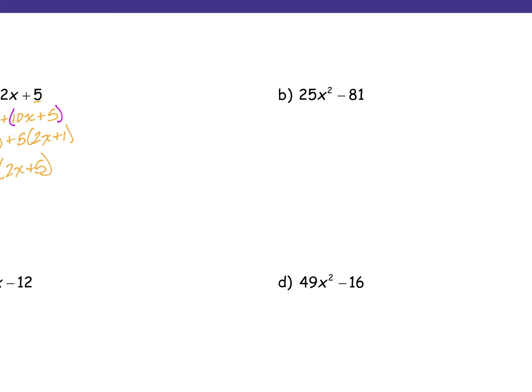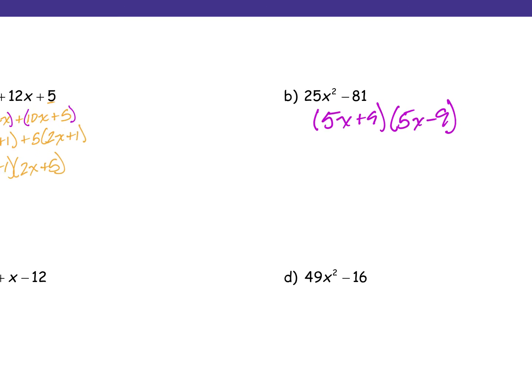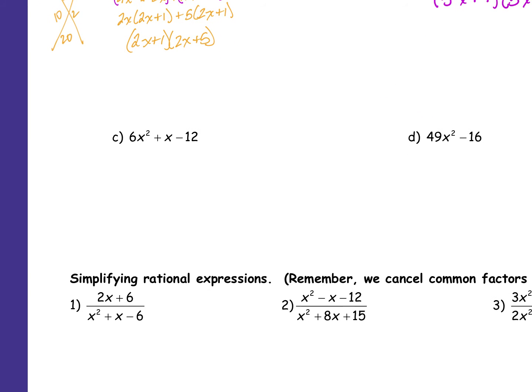So B would be 5x plus 9 and 5x minus 9. Beautiful. C is going to be 3x minus 4 and 2x plus 3. I think that's right.